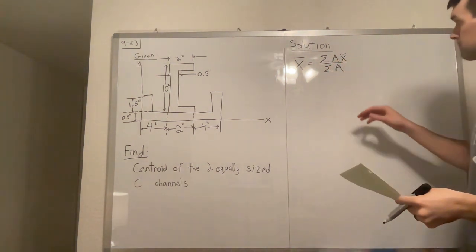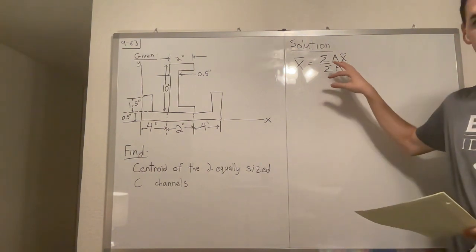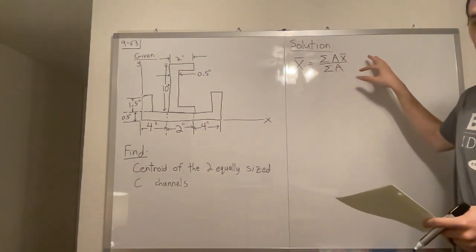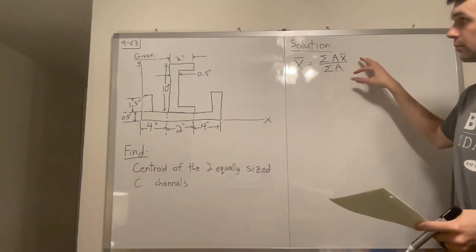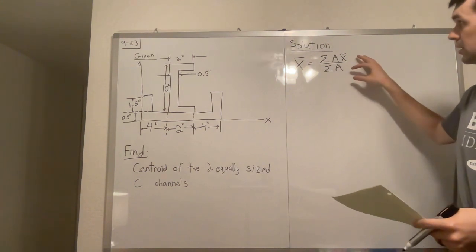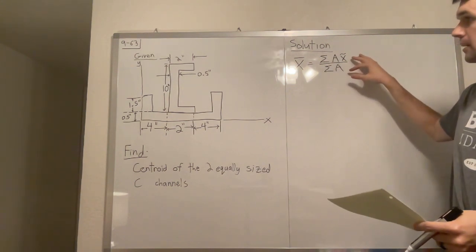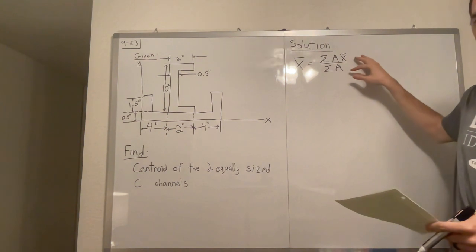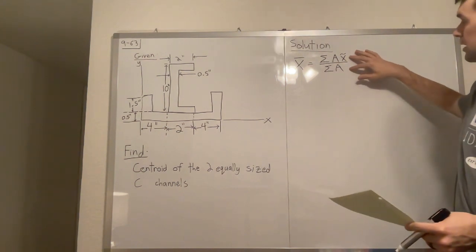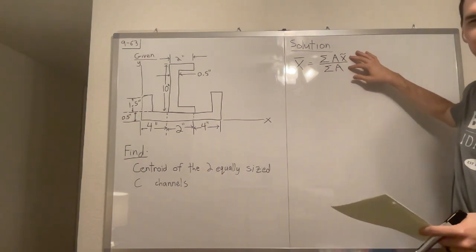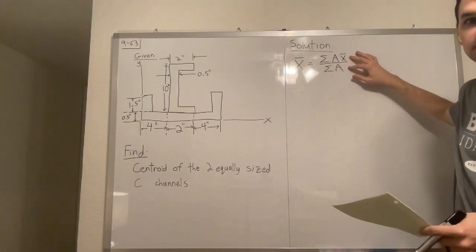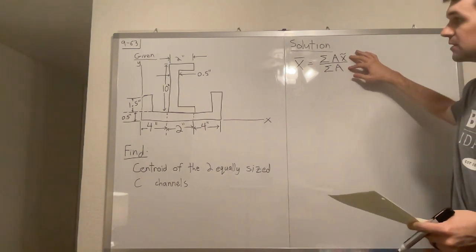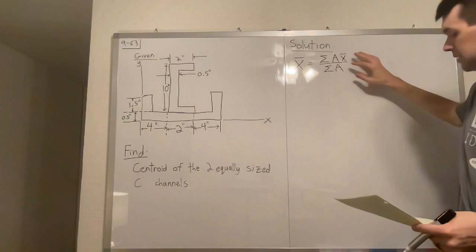So this says if you have a bunch of different shapes that combine to form a bigger, more complex shape, you can find the centroid by, if you are familiar with stats, essentially a weighted average of the centroids of each of your individual shapes.